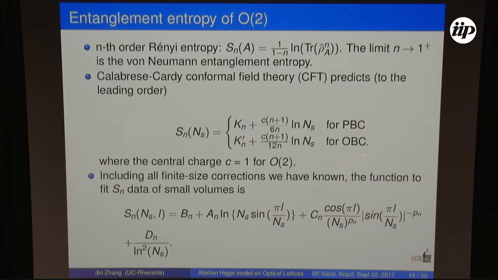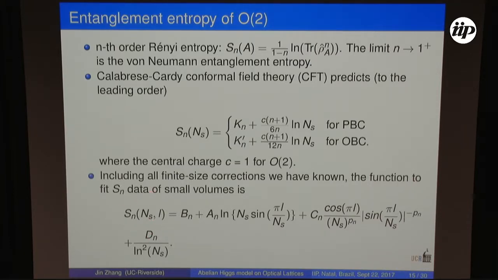Because this is the leading order, it requires a very big lattice, but experimentally we can only reach small volume. So we need to consider all the corrections, including all the finite size corrections we know.